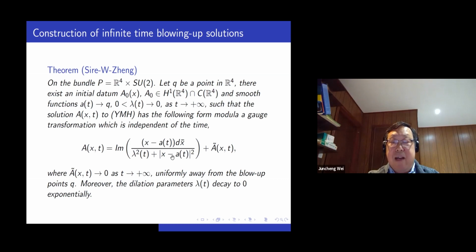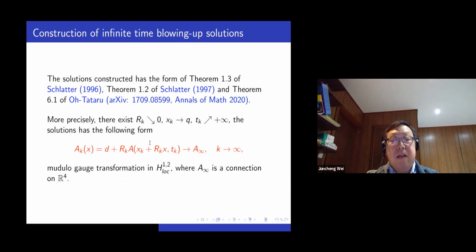So nearby you also have this kind of infinite time blow-up. And we don't assume any symmetry for this construction.